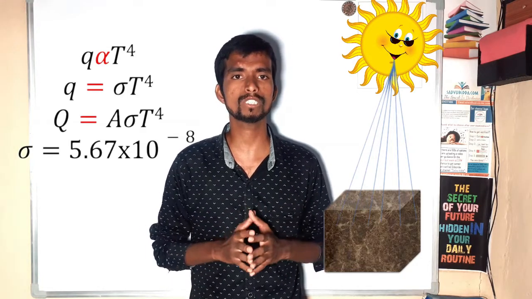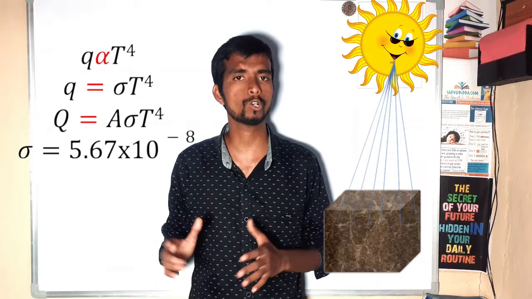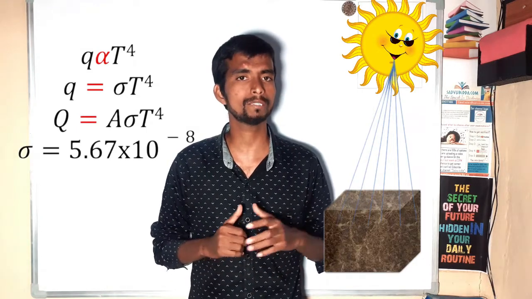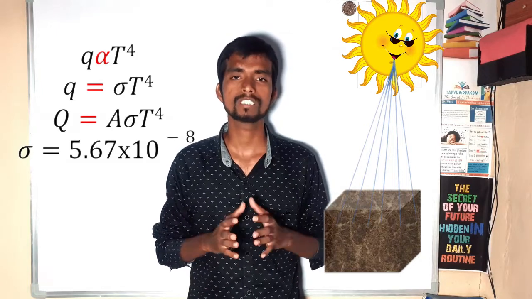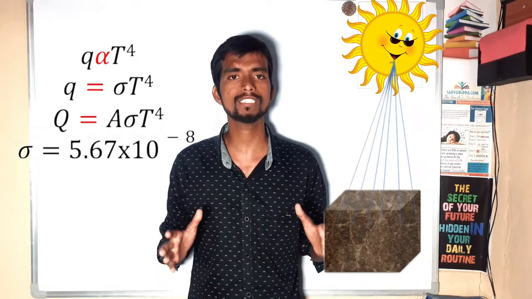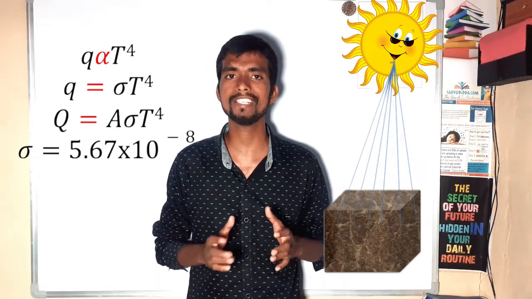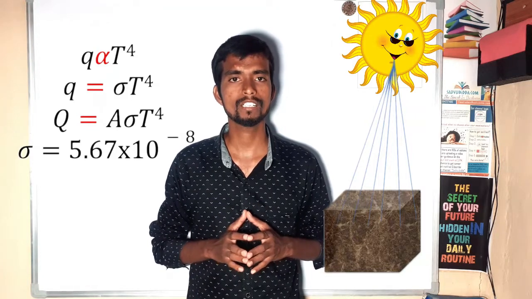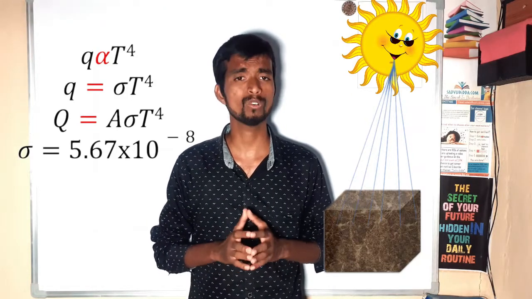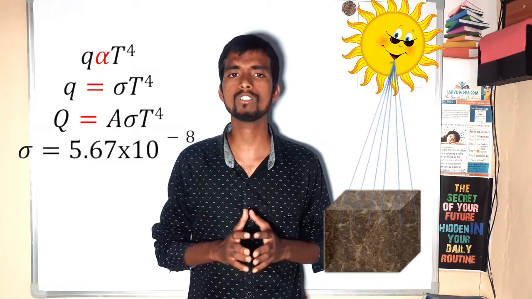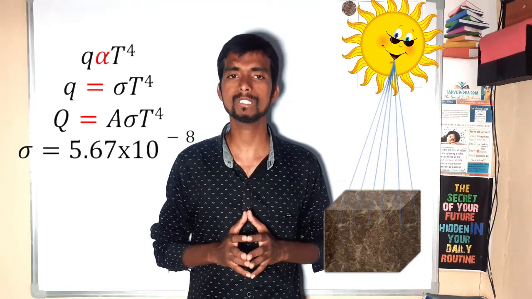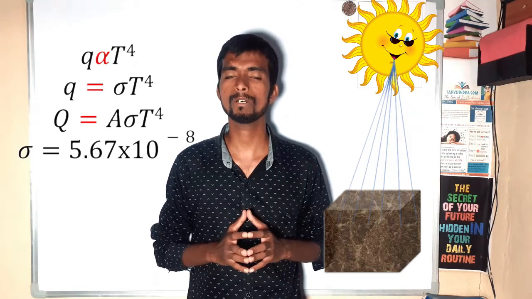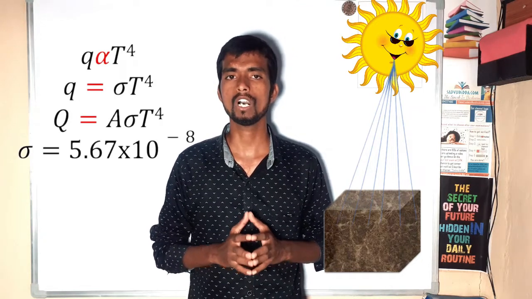Here we are introducing Stefan-Boltzmann constant, which is denoted by sigma, and there is a constant value of this sigma. Sigma equals 5.67 times 10 power minus 8 watts per meter square Kelvin power 4. Finally, the total amount of heat transfer in radiation is given by Q equals sigma A T power 4. Hope all these three modes of heat transfer are clear.